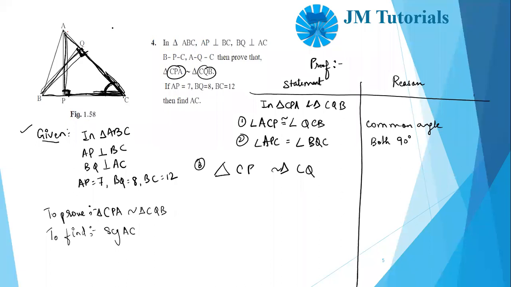P is done, C is done. What is left? A, right? A is left. And in this triangle, C is done, Q is done. What is left? B is left. Okay. So which test? A test.